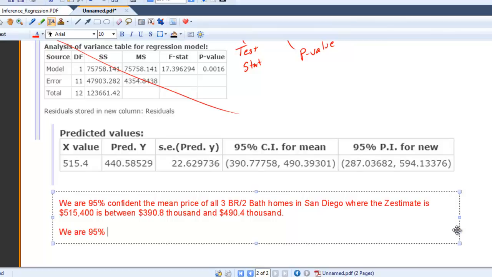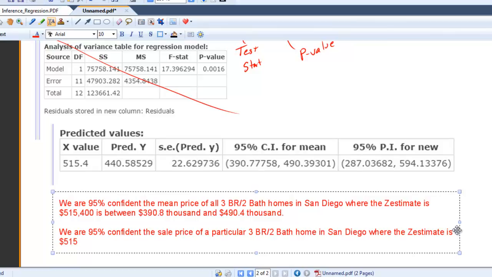We are 95% confident the sale price of a particular 3-bedroom, 2-bath home in San Diego, where this estimate is 515,400, is between, now we have an even wider range, 287.0 thousand and 594.1 thousand.